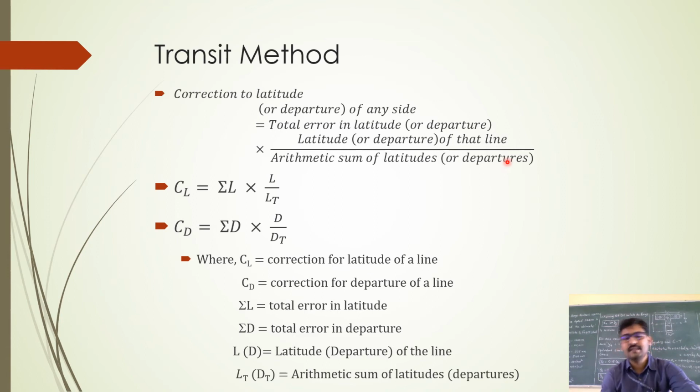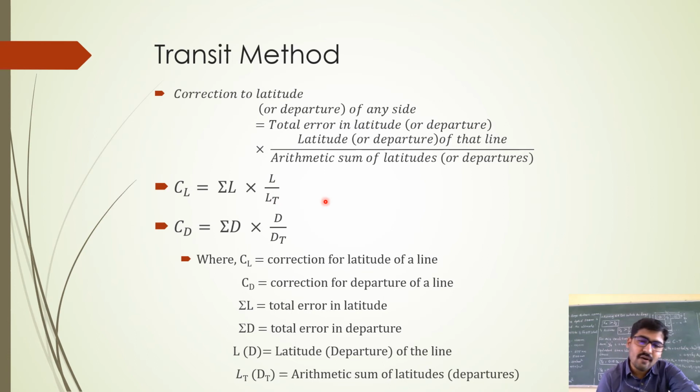So here the formula goes like this: correction for the latitude of that line. The total error in the latitude or departure remains the same as in the last case, right? There it was the length of that line divided by the total length of the perimeter. Now here it is the latitude of that line divided by the arithmetic sum of latitudes.